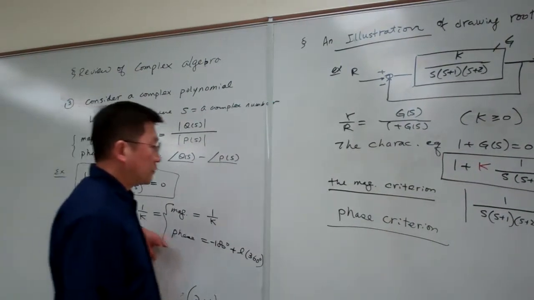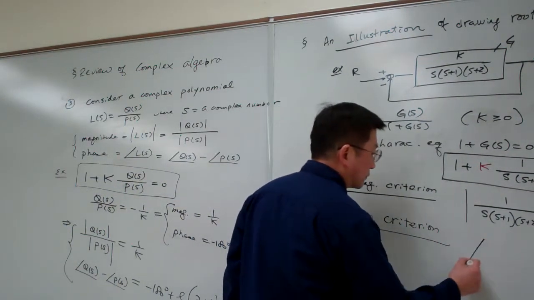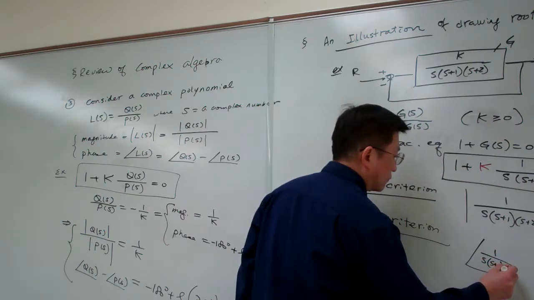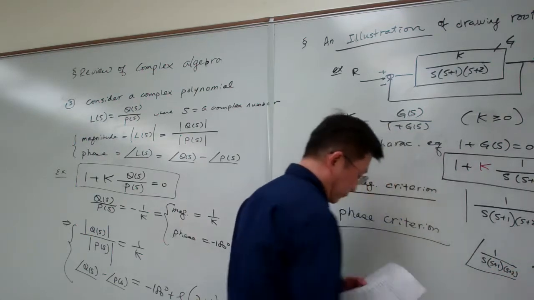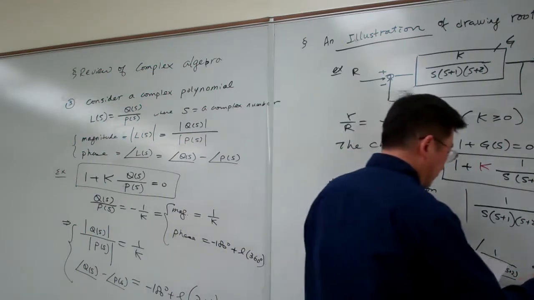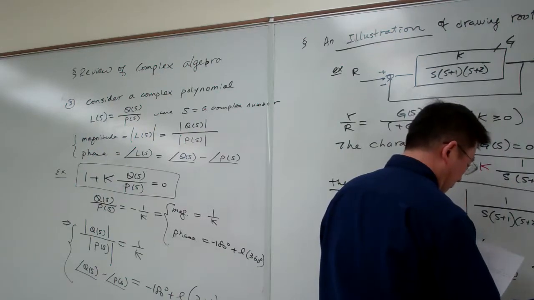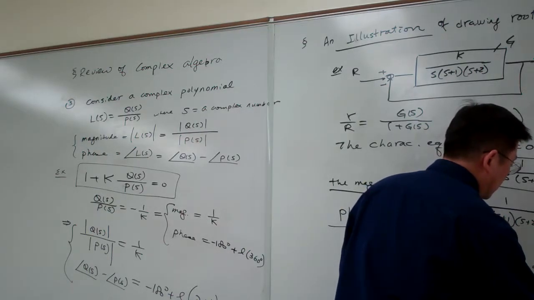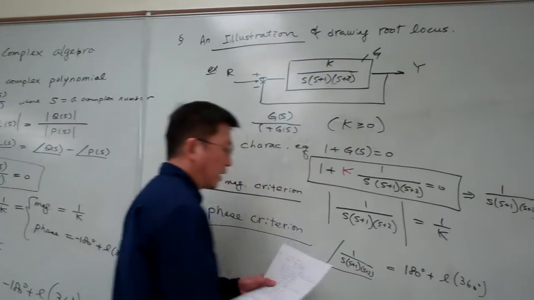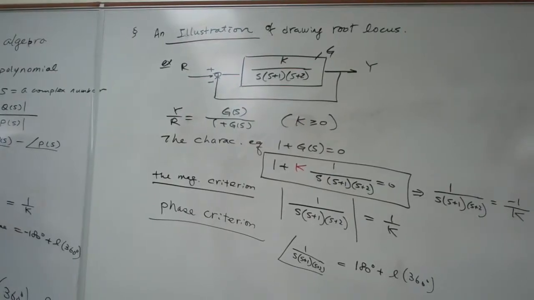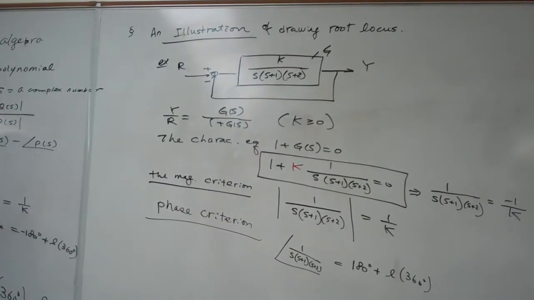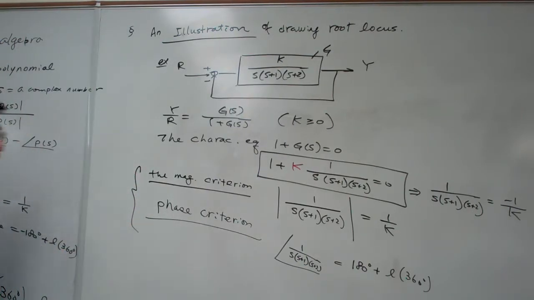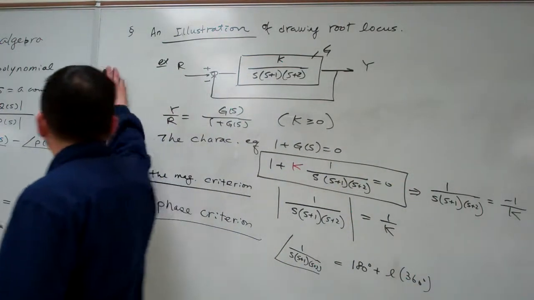So the phase criterion is, okay, L can be any integer, positive, zero, or negative integer. So this is our starting point. So with this one, let me erase this portion.